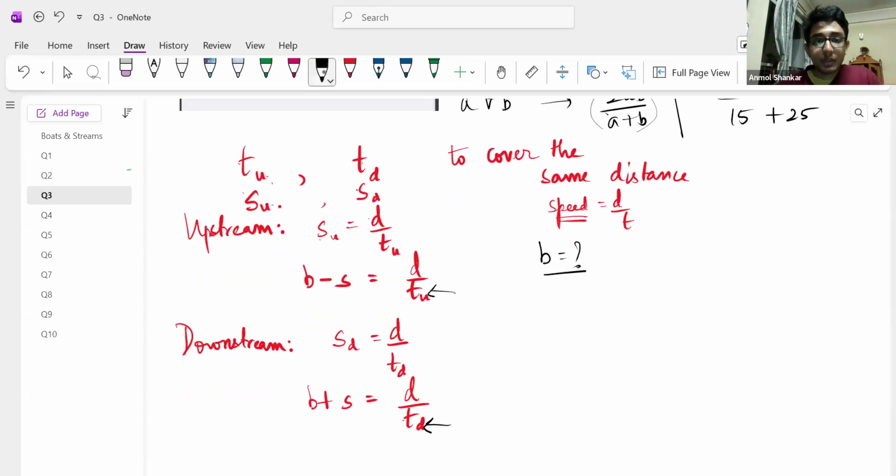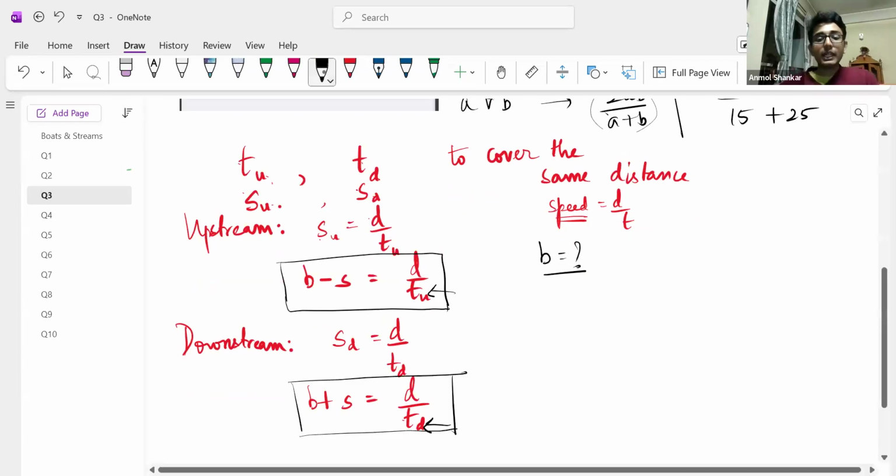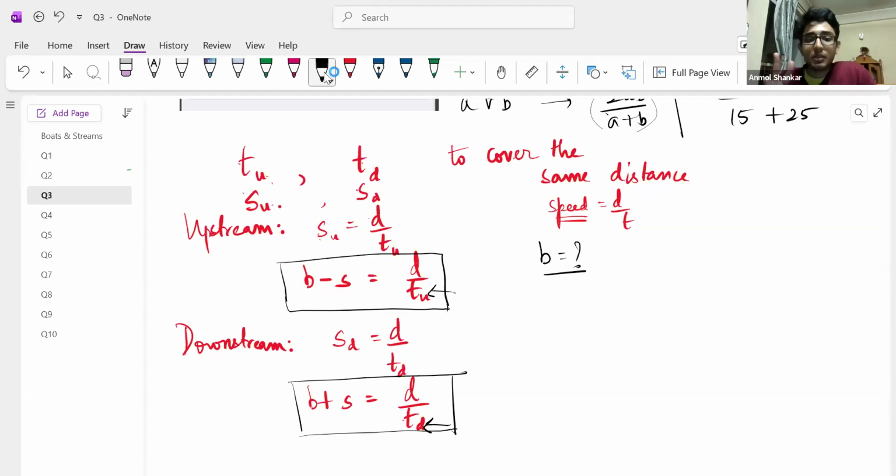இல்லையா? So இது ஒரு equation இருக்கு, இது ரெண்டாவது equation. To find the value of B, what do we do? So it is like linear equation in 2 variable, இல்லையா? So ரெண்டு equation add பண்ணா S வந்து eliminate ஆயிடும், right? That is what we do.